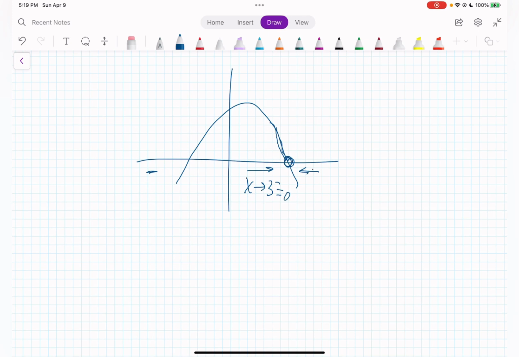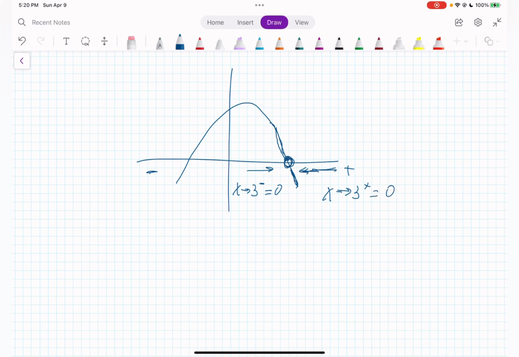Let me rewrite it so it will be better. X approaches 3 from the negative side, it equals 0. As x approaches 3 from the positive side, here is the graph, right? From the positive side, it still approaches 0.